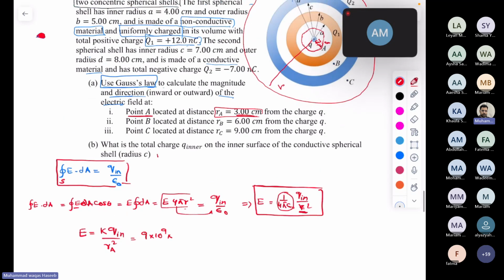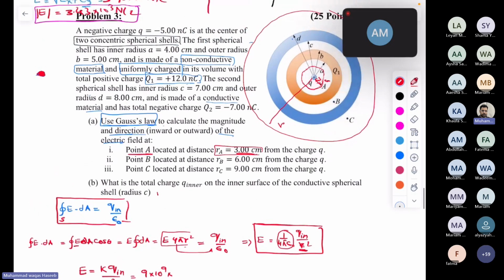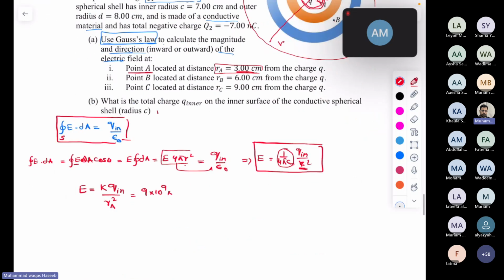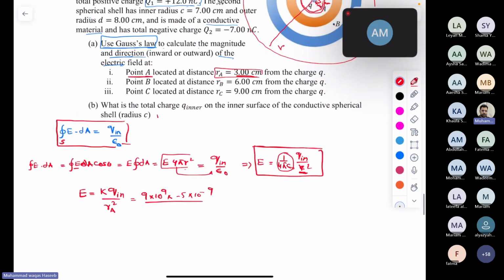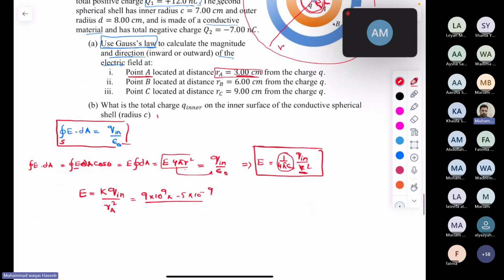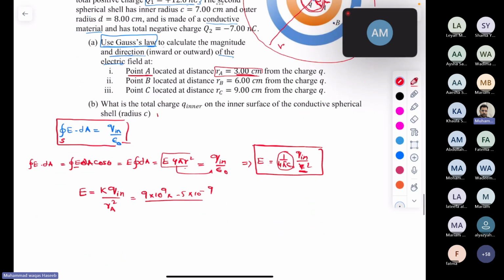Q inside is this negative Q, the charge enclosed by the surface. So we have negative 5 into 10 to the power negative 9, divided by RA squared, which is 3 into 10 to the power negative 2 whole squared, since the distance is in centimeters.